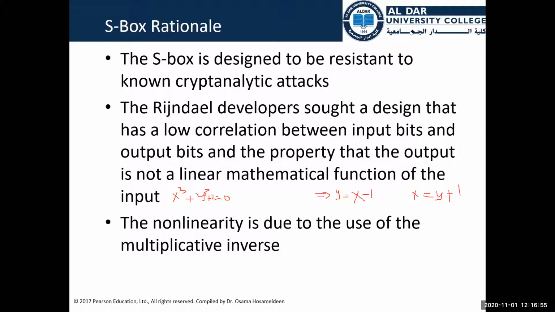Okay, here we concentrate on x cubed plus y cubed plus 2 equals 0. Can we simply get x given y and y given x? Can we do that? Do you know how to do that?